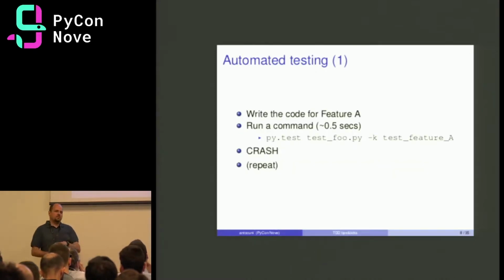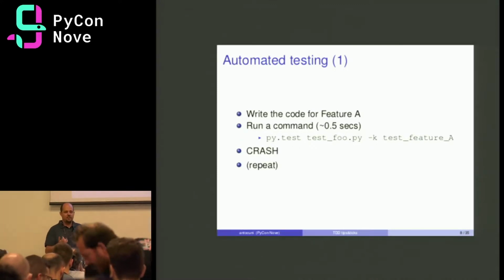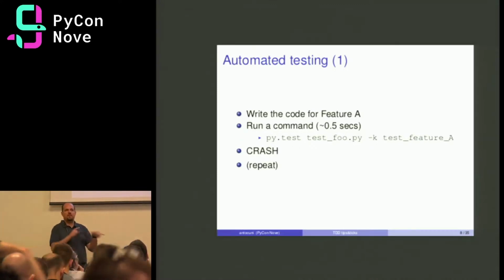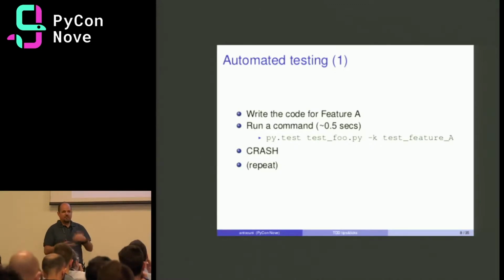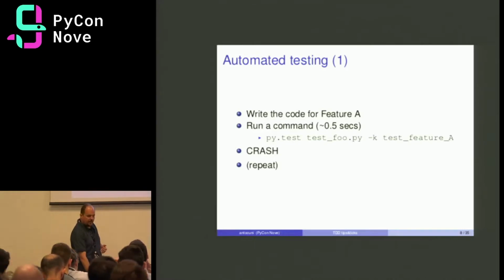The point of using automated tests is that once you write the test, you do basically the same thing as you do in manual testing. You check that the output you get is what you expect, but you write a program to do it. So the next time you can just run it and make sure that your feature still works.